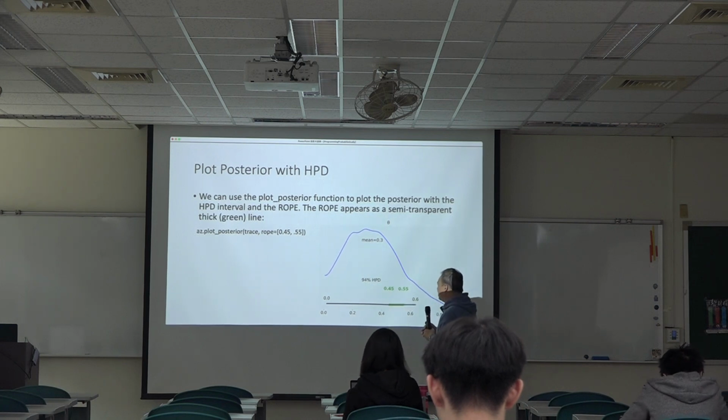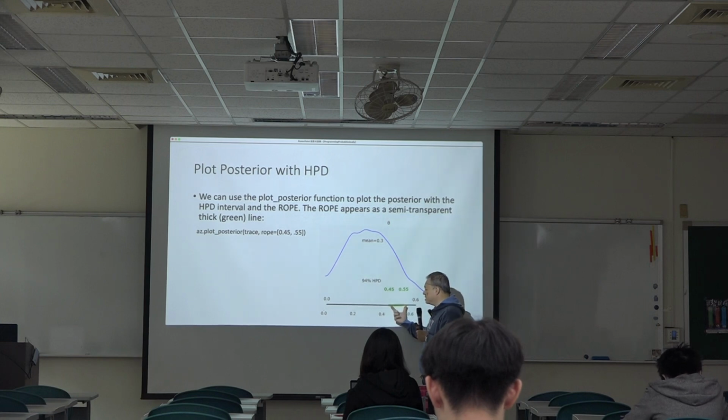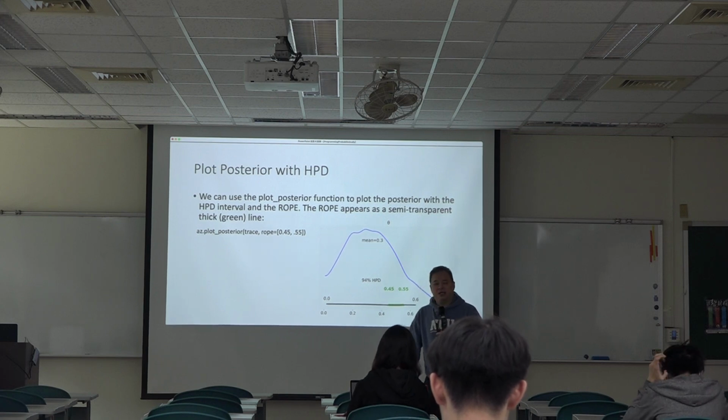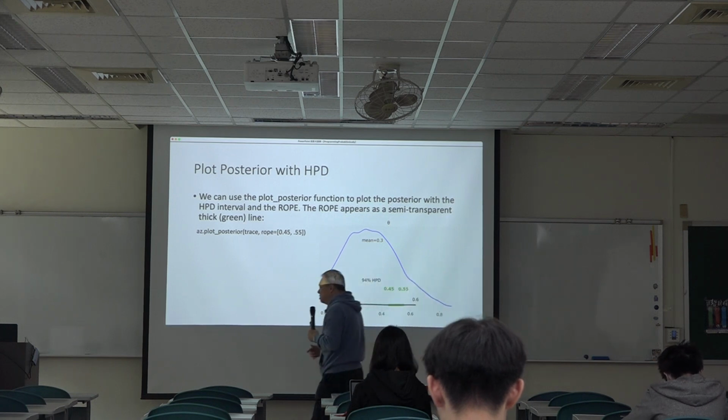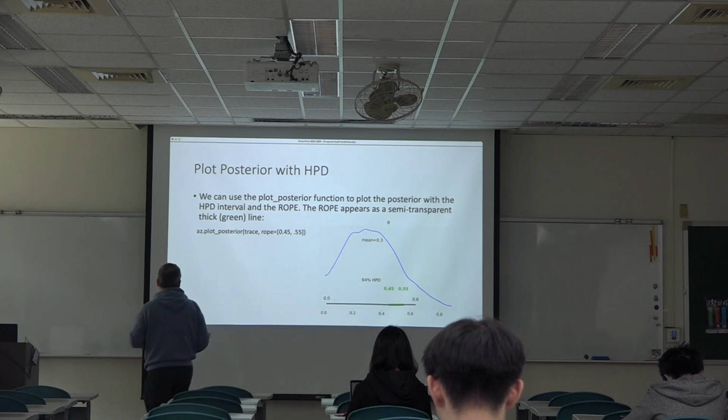From here, you can clearly see that this ROPE is completely inside the 94% HPD, right? Which tells you that under such a ROPE setting, based on the data that we collected, this coin is fair, because the ROPE is completely inside the 94% HPD.